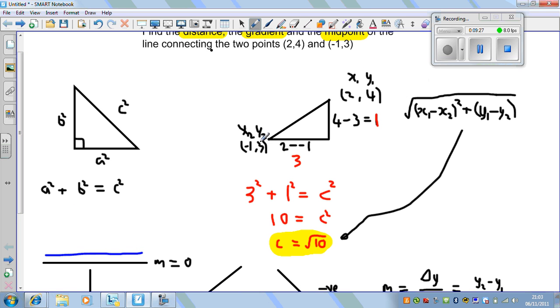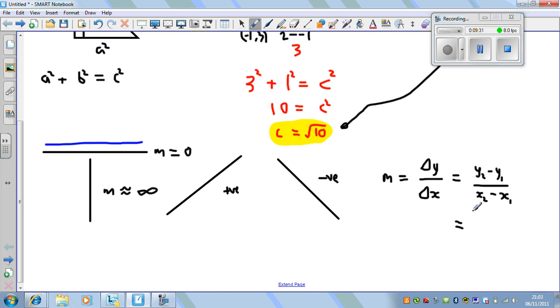Okay, cool. So let's go back up so we can get that. y2 take away y1 is 3 take away 4. This is where the order really matters, because there is a difference between the gradient of -2 and +2.